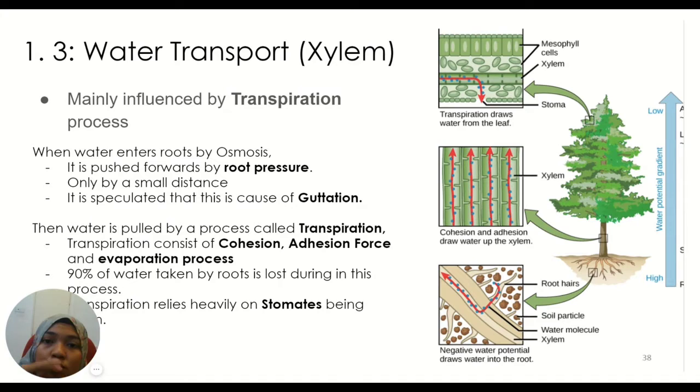Transpiration consists of two things: first, cohesion and adhesion force at the stem, and second, the evaporation process when the water molecules leave the stoma. It's also stated that 90% of water is lost during all of this process. Transpiration also relies heavily on stomata being open.